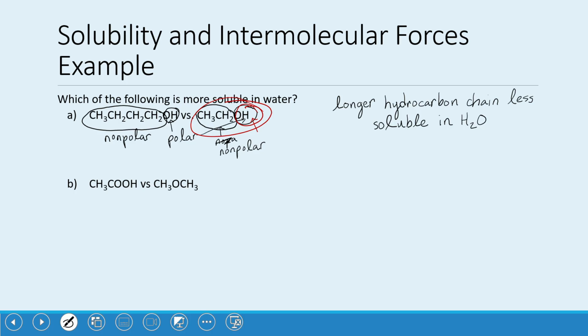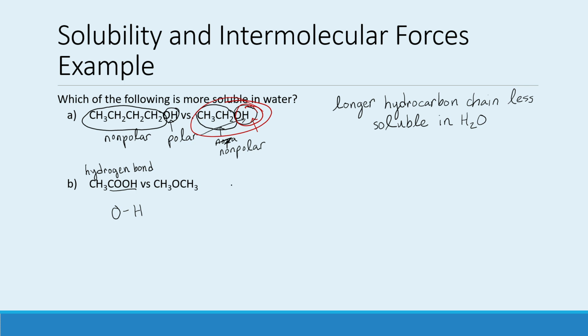Okay, and then in our second example, remember we have that carboxylic acid. Okay, and that carboxylic acid is going to contain an oxygen directly bonded to a hydrogen, and so that's going to have hydrogen bonding. But in the second compound, we've got that dimethyl ether, right?